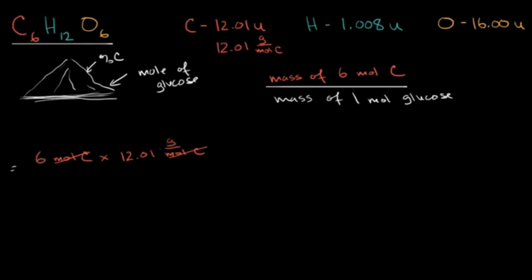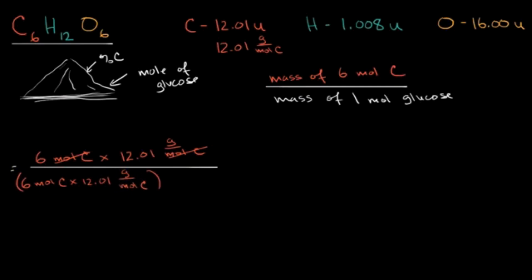And then in the denominator, what are we going to have? Well, the mass of 1 mole of glucose. For every glucose molecule, you have 6 carbons, 12 hydrogens, and 6 oxygens. So it's going to be the mass of 6 moles of carbon, 12 moles of hydrogen, and 6 moles of oxygen. So it's going to be what we just had up here: 6 moles of carbon times 12.01 grams per mole of carbon.